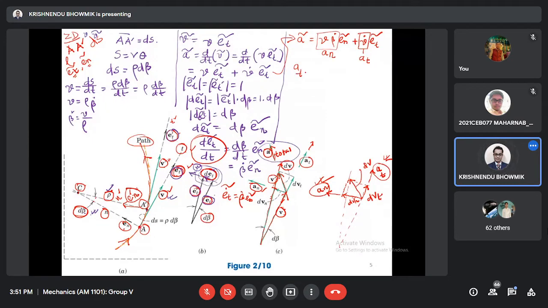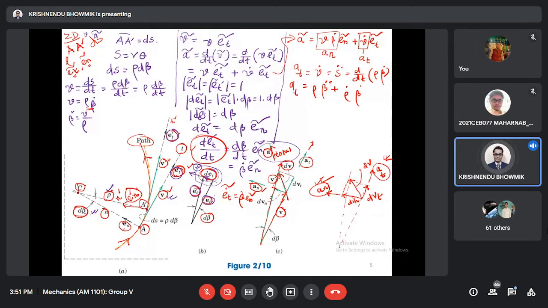So what is At? At equal to v dot or s double dot, or somebody can write d dt of v, which we got before. Here the v value we got: v equals rho beta dot. d dt of rho beta dot equal to rho beta double dot plus rho dot beta dot.